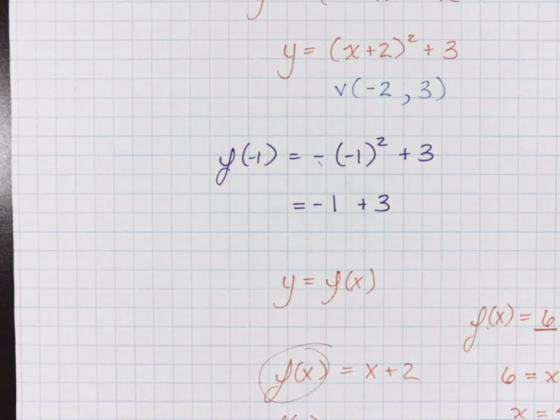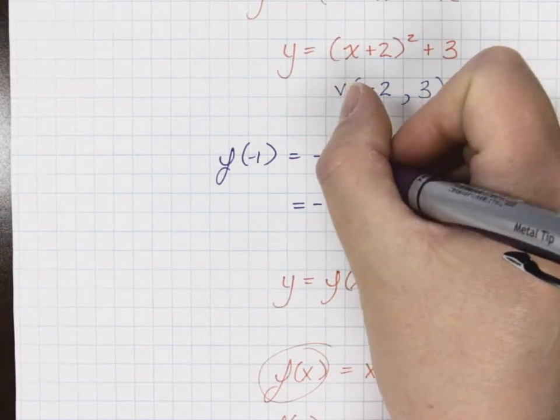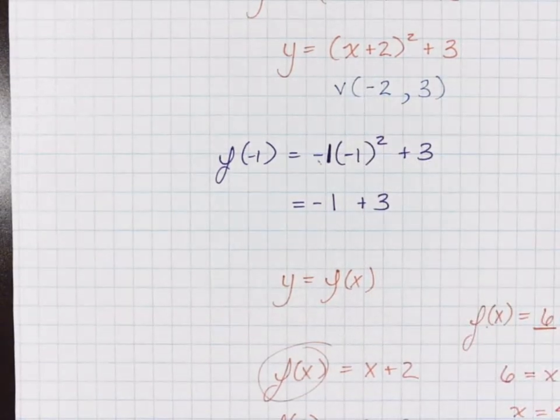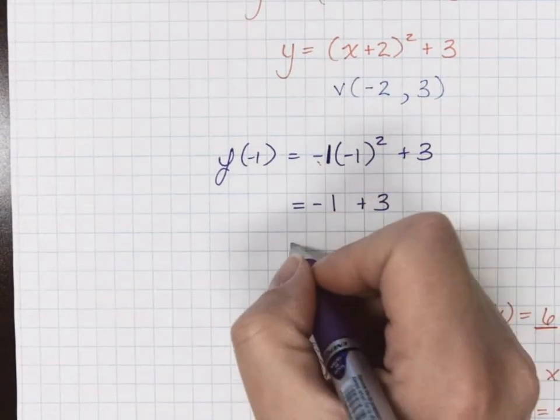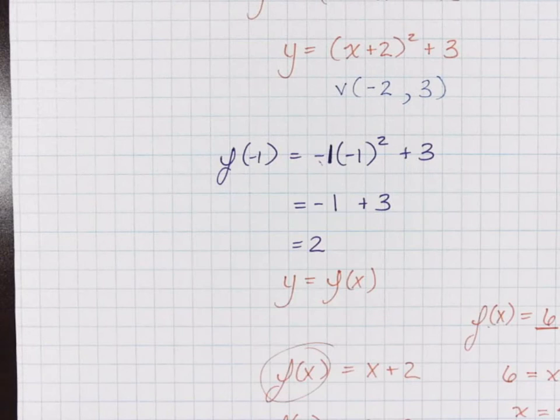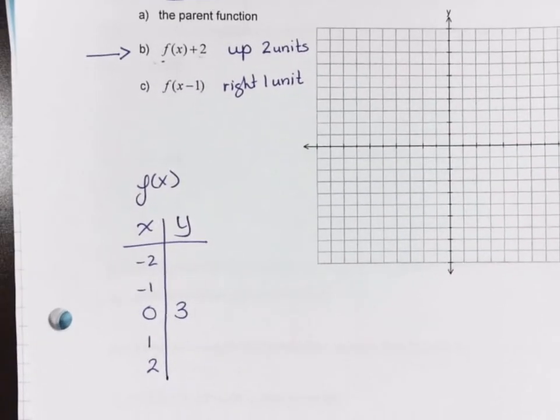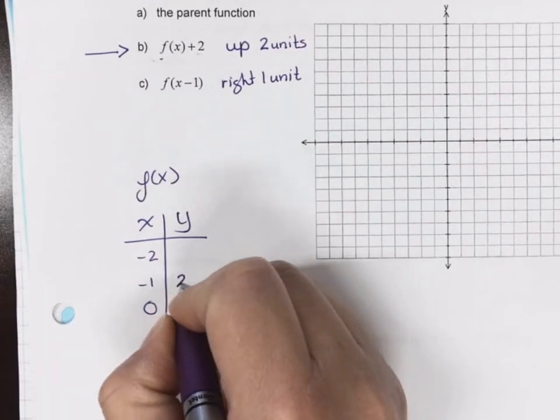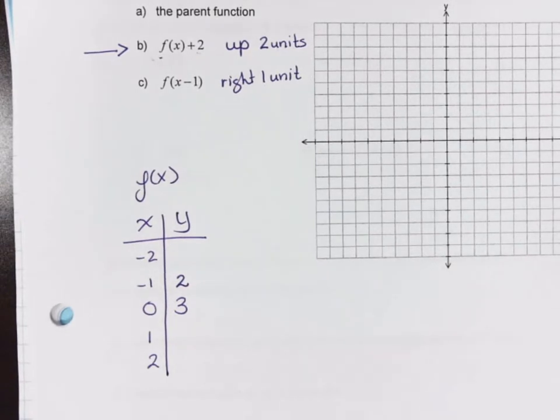So that negative outside the x kind of lives outside the x. It's like saying there's a -1 out there. And so my answer would be 2, right? Everybody agree with me? So if I go back to my table of values, this would have a y value of 2. Okay, so do that with -2. Let's see if you can do it in your head.